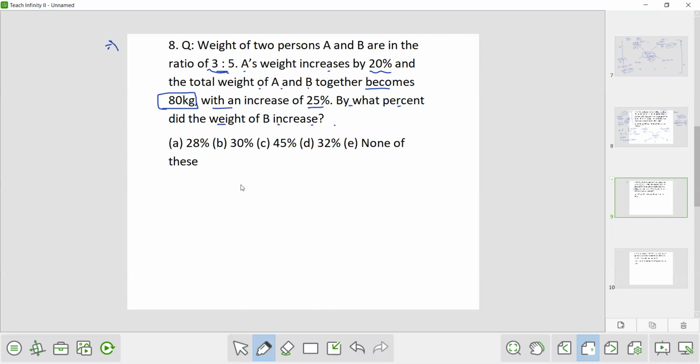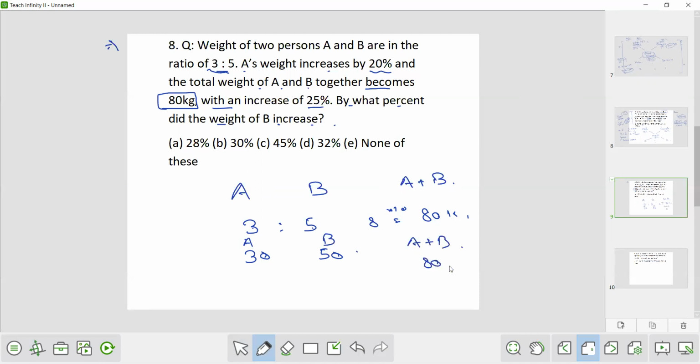This is A, this is B, in the ratio 3:5, and the total weight A plus B is given as 80 kg. So from here we can say that A is 30 kg and B is 50 kg, because 3 plus 5 is 8, 8 is equivalent to 80, so 10 times. So the weight of A is 30 kg, the weight of B is 50 kg, and the total weight A plus B is 80 kg.